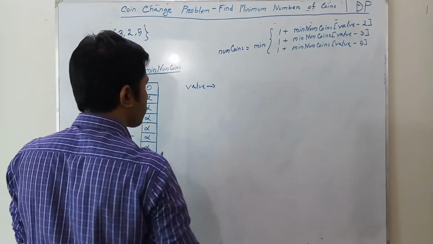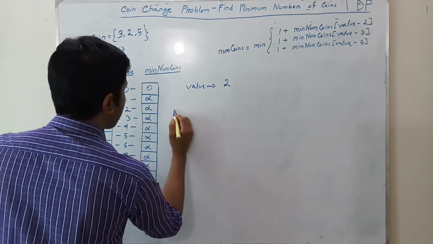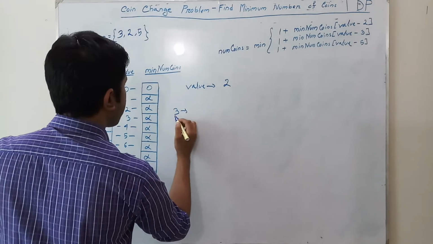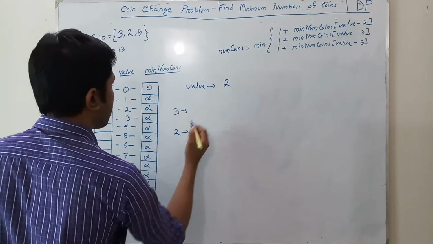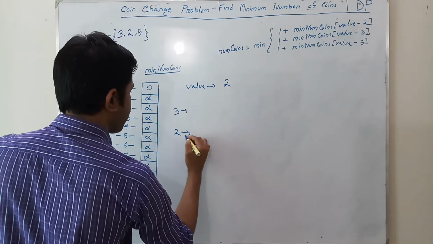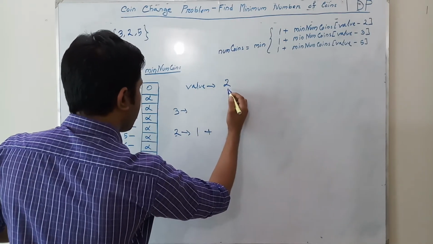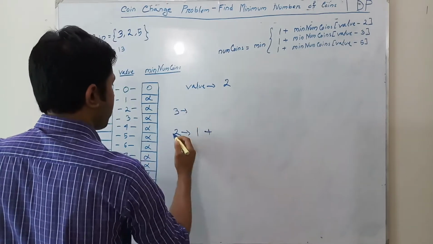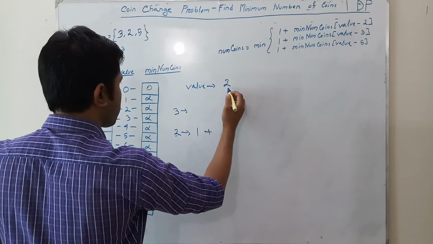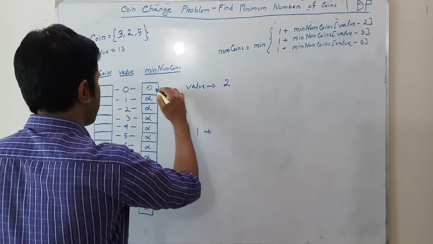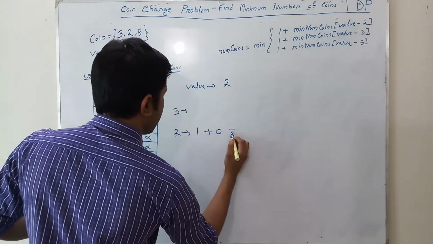When the value is 2, we can't use the coin 3, as 3 is greater than 2. We can use the coin 2. As we have used the coin 2, we will add 1 plus the value 2 minus 2 equals 0, the minimum number of coins for value 0 is 0, so the value will be 0 plus 1 equals 1.